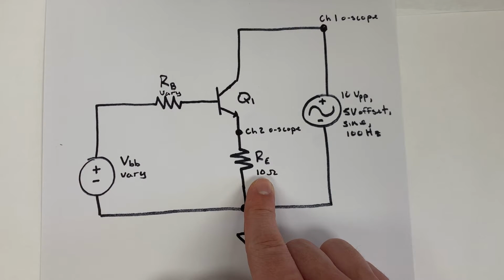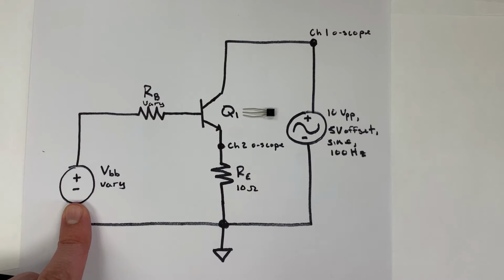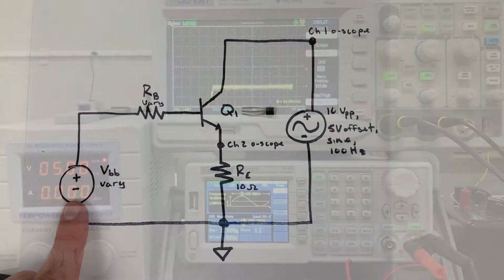The actual measurement with the digital multimeter for this resistor came to 10.5 ohms. This varying voltage is provided from the power supply.